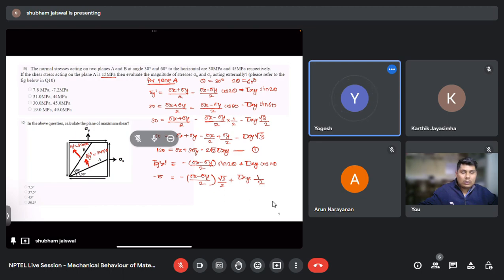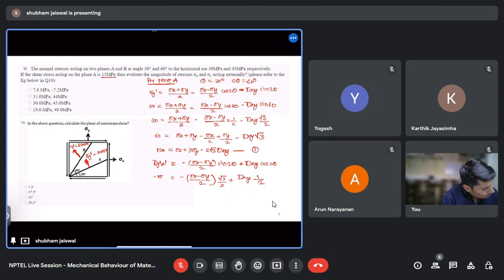Yes. Okay. So it comes out to be, here if I multiply, minus 30 is minus (sigma x minus sigma y) by 2 root 3 plus tau xy. If I multiply on both sides, what will I get?